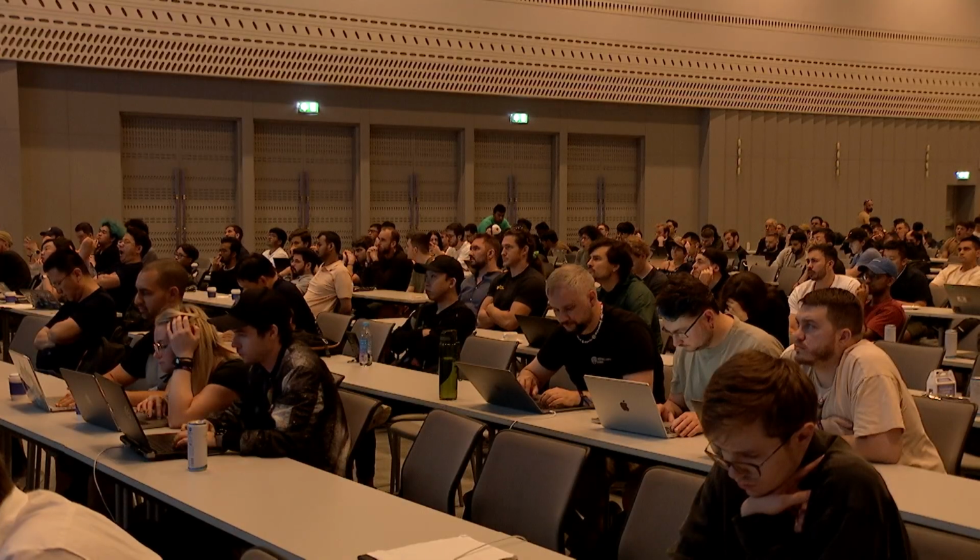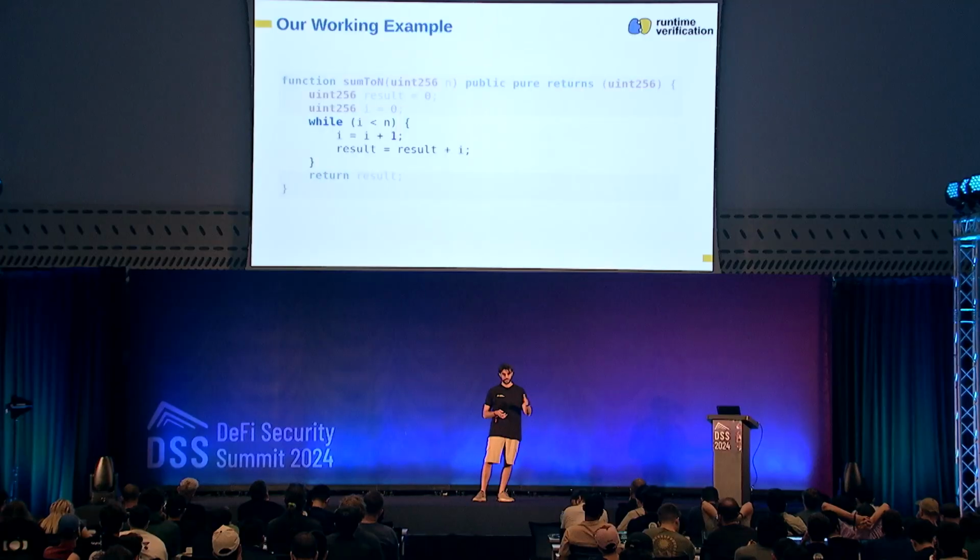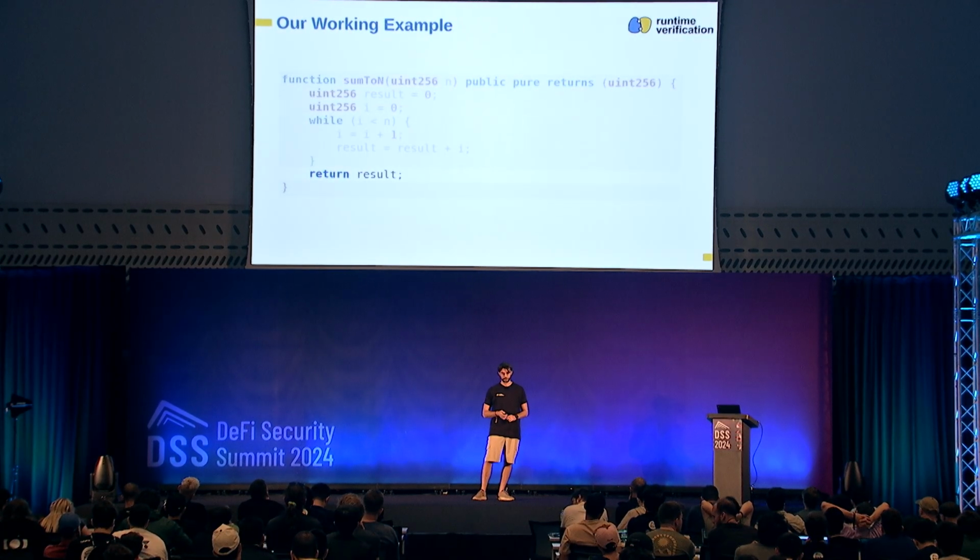This is just adding numbers from 0 to n. So we start with n, then we have these two variables set to 0. Then we go into this loop where we add 1 to i, and then add i to result, and then we return result.